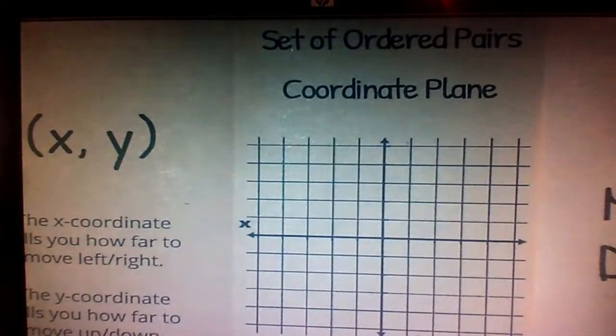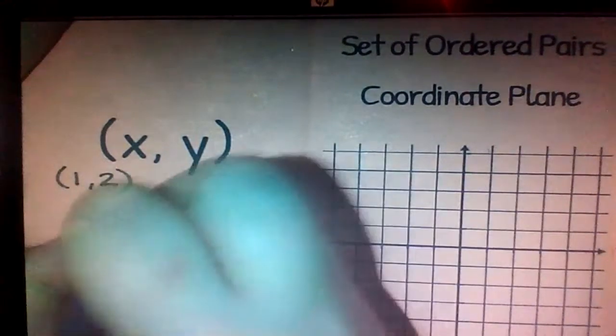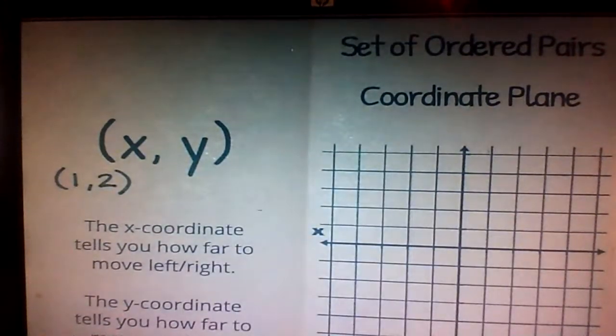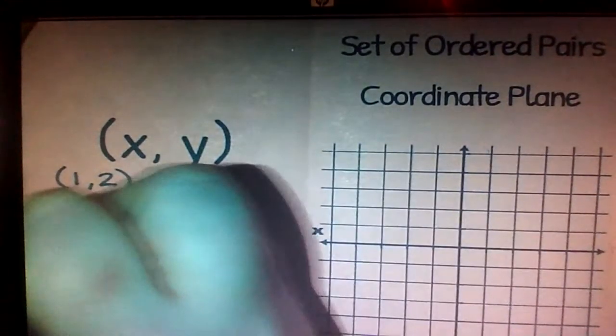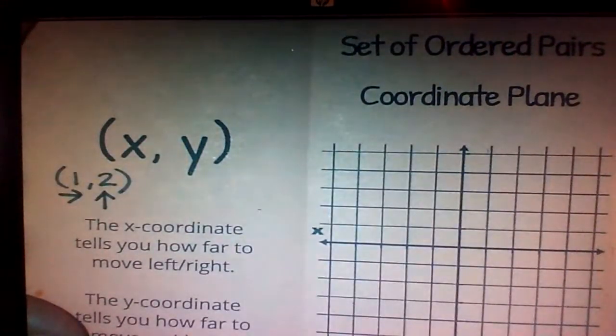So if I'm looking at 1, 2, that's a positive 1. What direction do I need to move? To the right. Positive 2 tells me I need to move up. Where do I start? At 0. What do we call that? The origin.